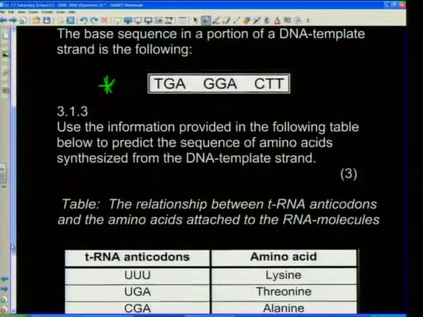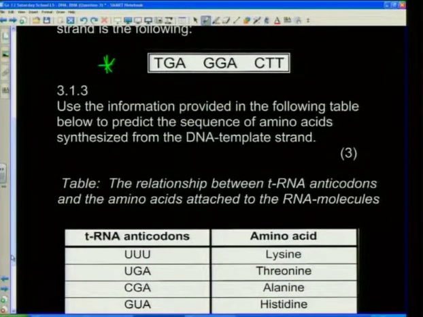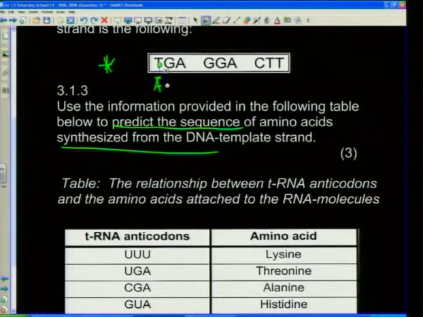Now look at this question. It says, use the information provided in the following table below to predict the sequence of amino acids synthesized from the DNA template strand. Now there's a DNA template strand here. The messenger RNA, just to remind ourselves again, was A, C, U, C, C, U, and G, A, A.